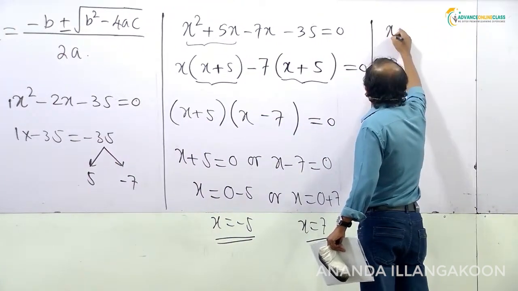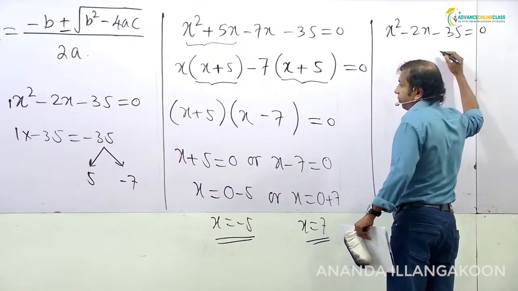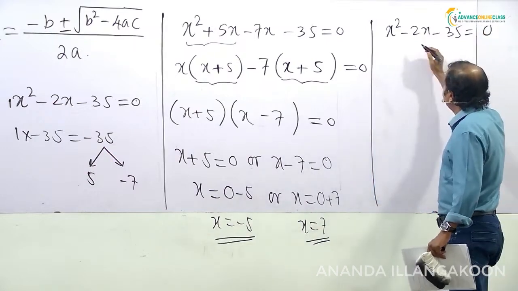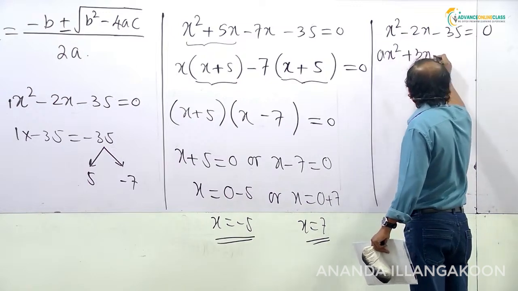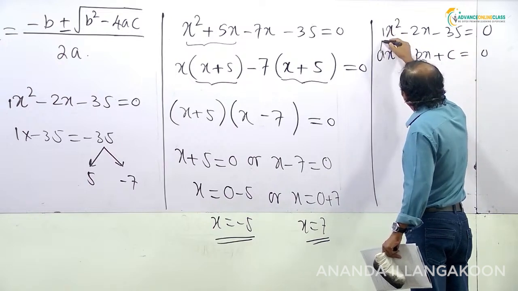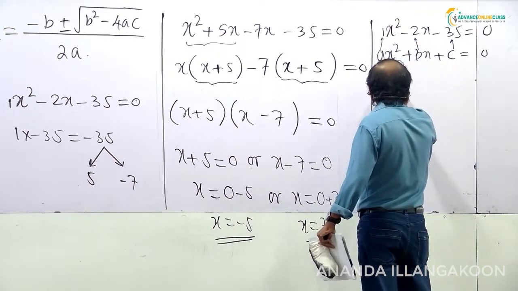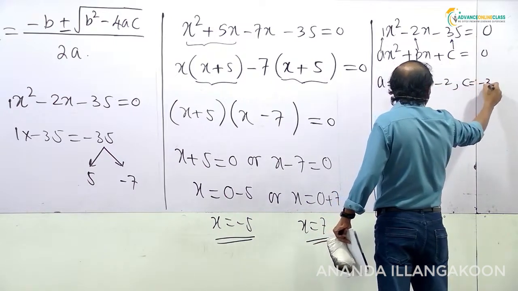Right, we'll come to using the formula. x squared minus 2x minus 35 equals 0 is the question. Here we compare this with the standard quadratic equation. Here x squared, coefficient 1, then a is 1, b is minus 2, c is minus 35.